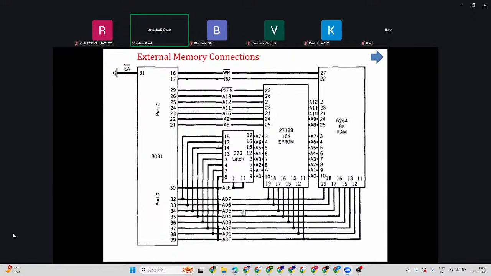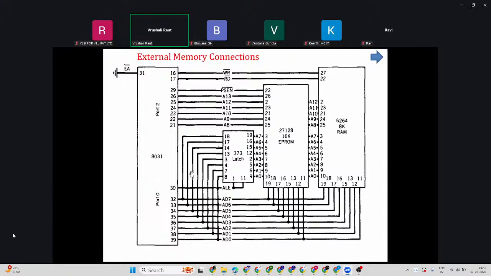Once the address is given to the program memory, presently we are talking about program memory, but the same can happen with the data memory. We are giving an address to the program memory, telling it that from this address we are going to fetch the first instruction of the program. These upper bits of the address are continuously connected. But the lower bits have to deal with address as well as data.